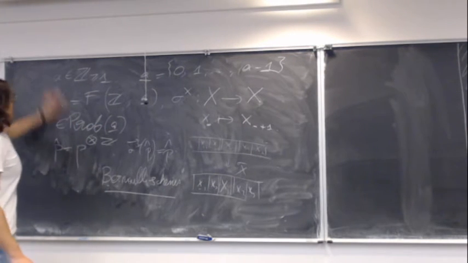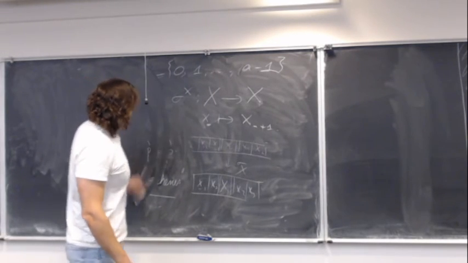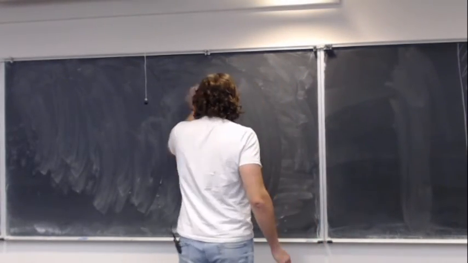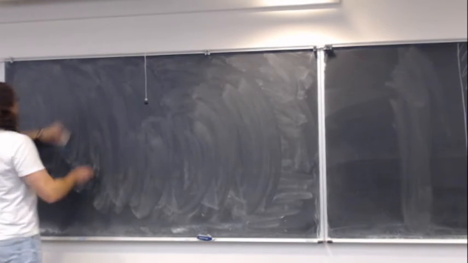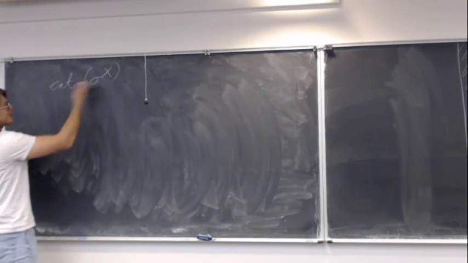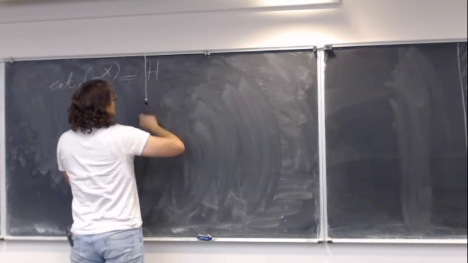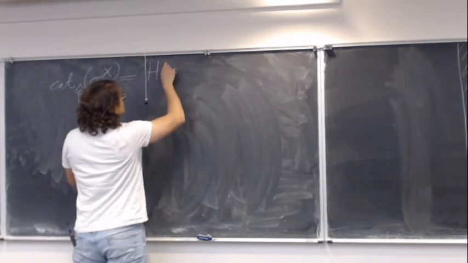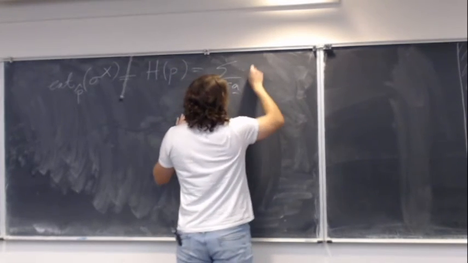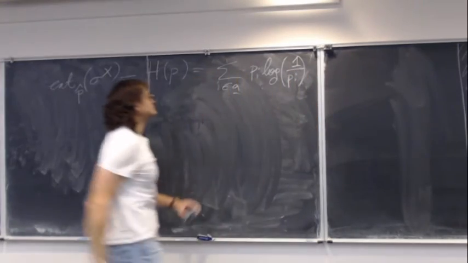So once you have that, the invariant that Kolmogorov and Sinai constructed, entropy, turns out to be this. And I'm using the Gromov notation in a sense. Entropy of this dynamical system with respect to this measure is, and I'm also going to use this notation, h of p, which is the sum over i of p_i log 1 over p_i.